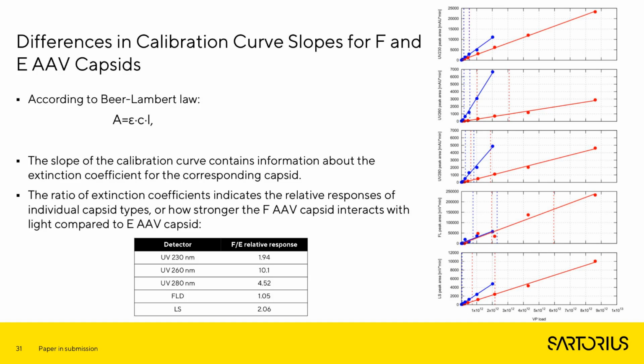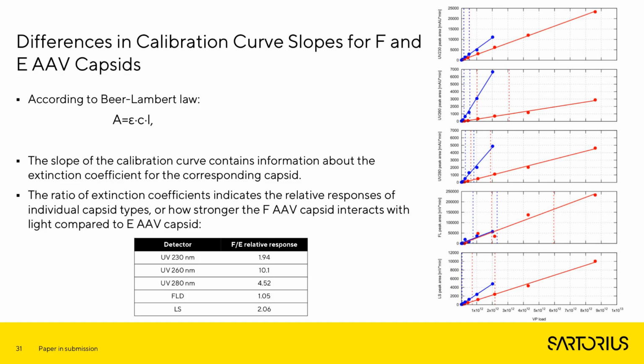So the ratio of extinction coefficients therefore indicates the relative responses of individual capsid types. And basically, by calculating these ratios, we are simply looking at how much stronger full capsids are, for example, absorbing light or scattering light compared to the empty capsids.